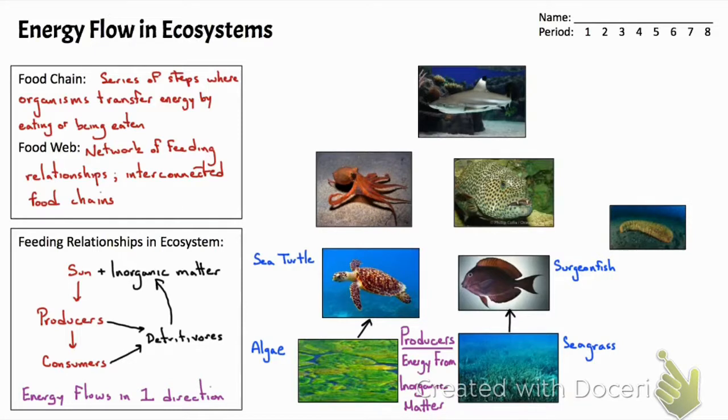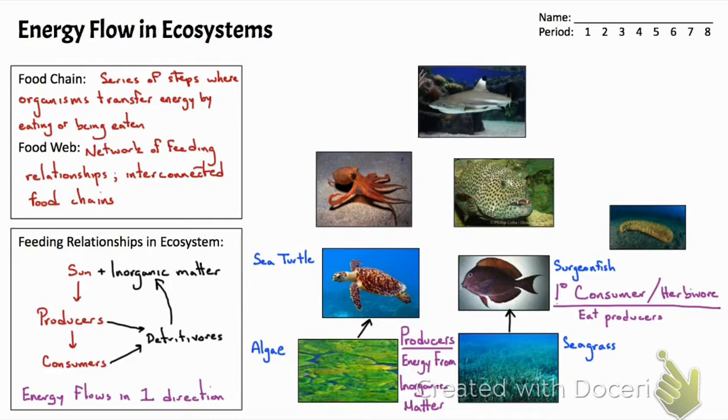And the sea turtle and the surgeonfish represent what we call primary consumers. Primary consumers eat the producers, and oftentimes primary consumers we can also classify as being herbivores. Herbivores are organisms that eat only plant material to gain their energy.